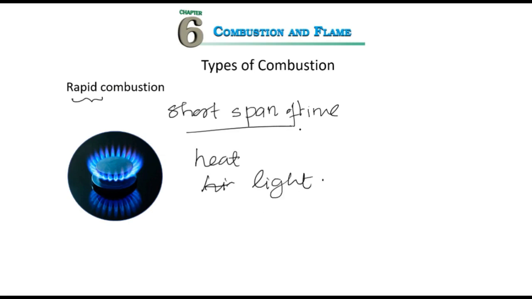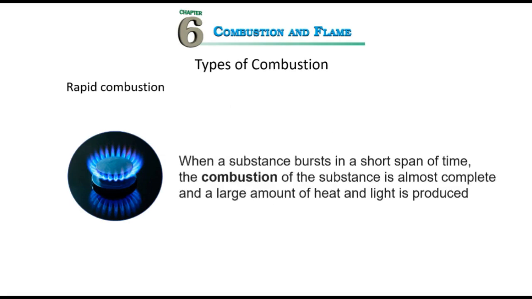Such combustions are called rapid combustions. When a substance burns in a short span of time, the combustion of the substance is almost complete and a large amount of heat and light is produced, it is called rapid combustion. Please remember it should be very rapid and it should give out more heat.